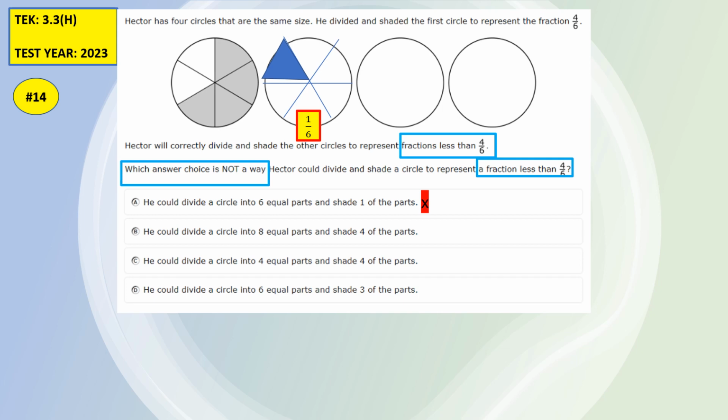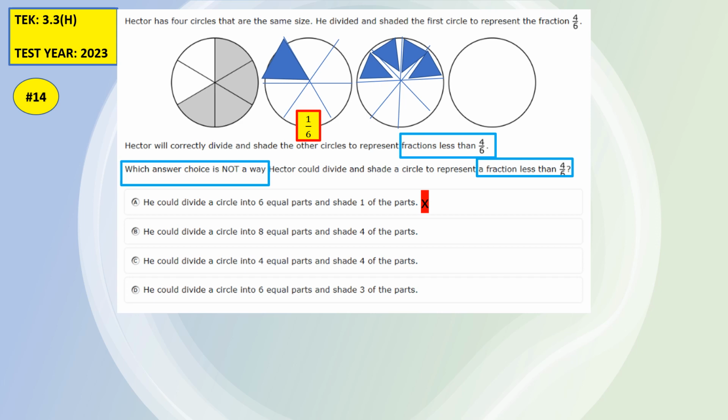Let's look at answer choice B. He could divide a circle into 8 equal parts and shade 4 of the parts. Okay, let's do that with the next circle. I'm going to divide it into 8 equal parts. Okay? And shade 4 of the parts. Okay, so I divided it into 8 parts and I shaded 4 of the parts.